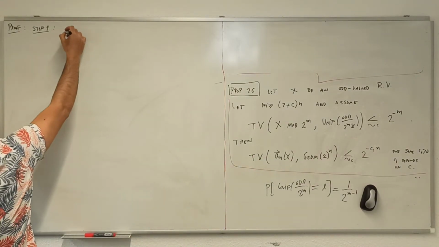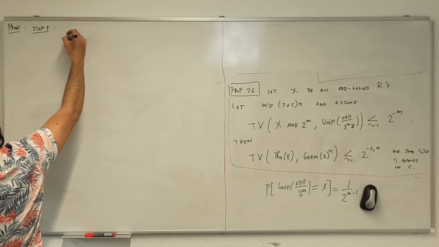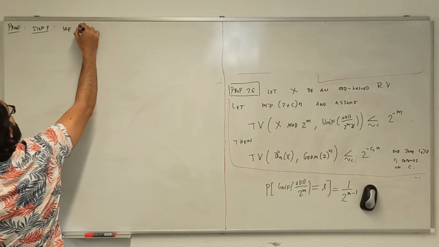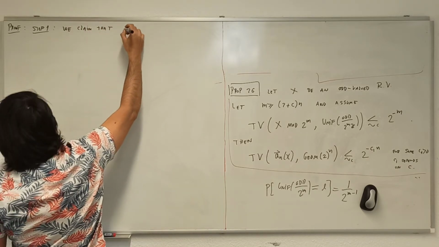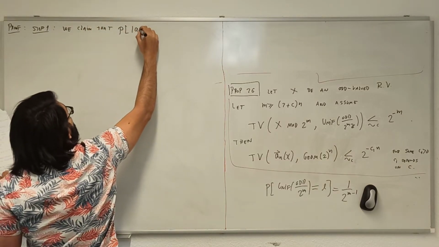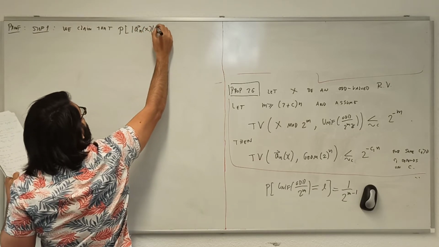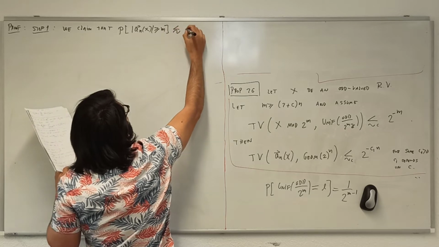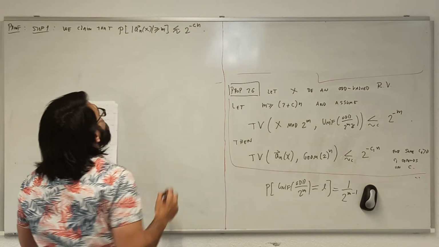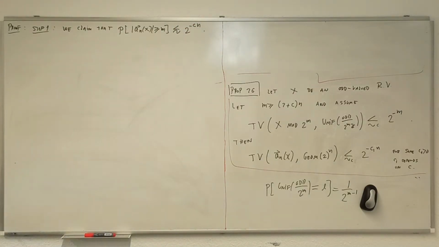So first I want to study this. I have a claim. We claim that the probability of an x being greater than or equal to some m is at most 2 to the minus cn. Okay, that's the claim.